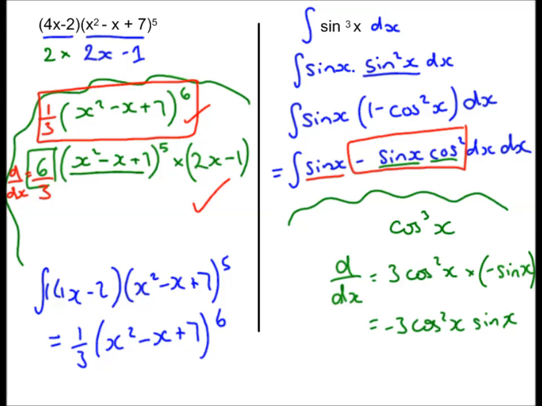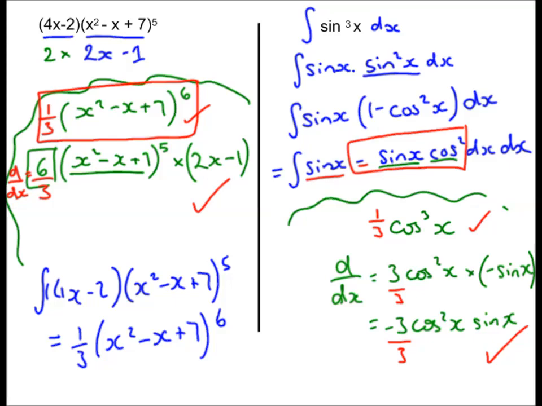But I didn't want minus 3 cos squared x sine x. I wanted minus 1 cos squared x sine x. So to get rid of the minus 3, I'm going to start with a third in my original function. That will just carry through, and that will give me my minus 1. So I know that this is what I wanted. This is what I had to differentiate to get it.